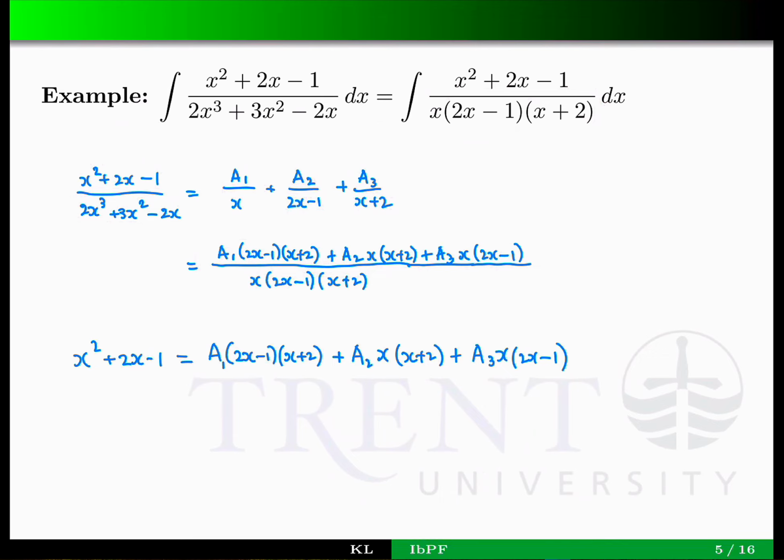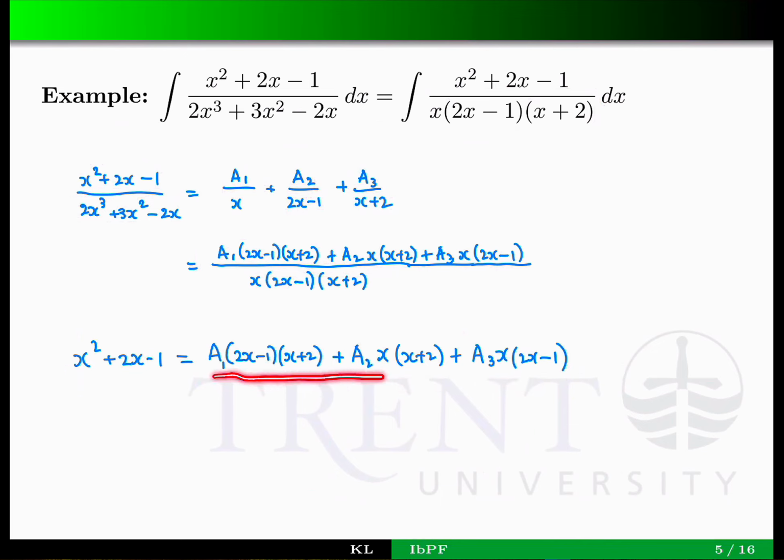Then you will solve it. You can simplify this and then get the coefficient of your x squared and then compare it to the coefficient of x squared here, which is 1. So the coefficient of x squared here must be equal to 1.